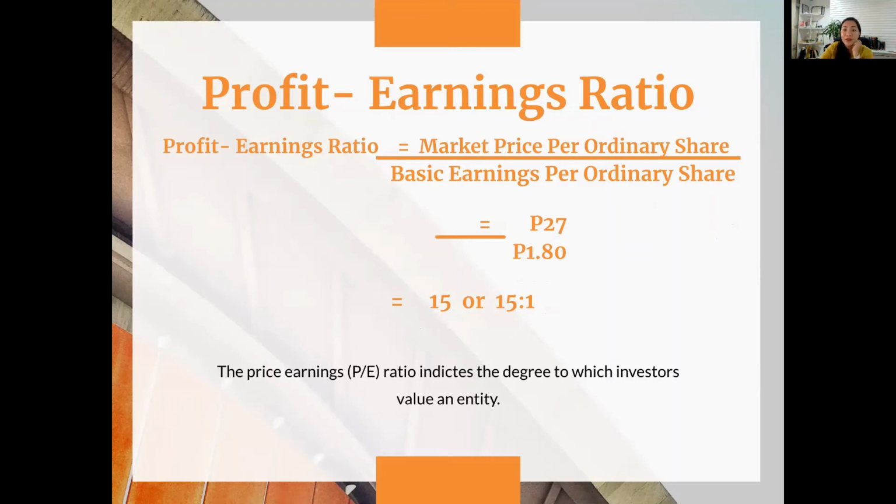So it's a different ratio, class. If the market price of our shares is so much per ordinary share, over the basic earnings of our ordinary share, that is the price earnings ratio. The price earnings ratio indicates the degree to which investors value an entity. The more earnings, the better.